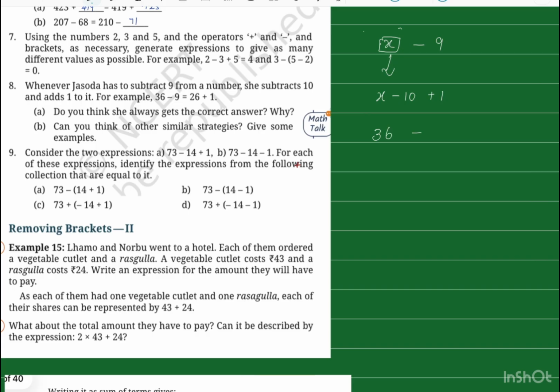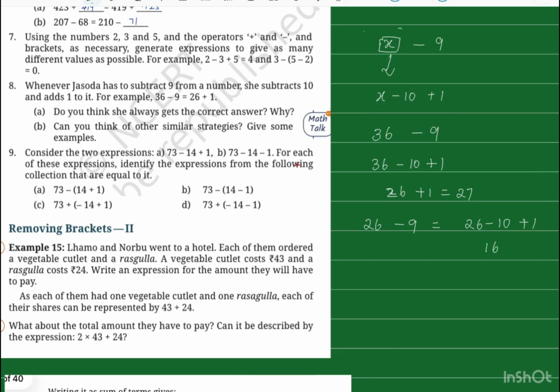So let x be 36, then 36 minus 9, she does like this: 36 subtracting 10 plus 1. Subtracting 10, she got 26, plus 1 is 27. If the number is 26, then 26 minus 9, she writes like this: first she subtracts 10 and then adds 1.